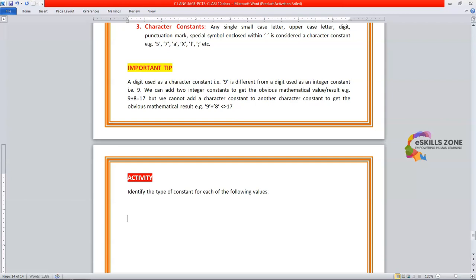First we will type 12, and then 13, and then an asterisk enclosed in apostrophe, and then minus 21, and then 32.768, and then a small a enclosed in apostrophe, and then minus 12.3, and then 41, and then 40.0, and in the end a slash enclosed in apostrophe single quotes.